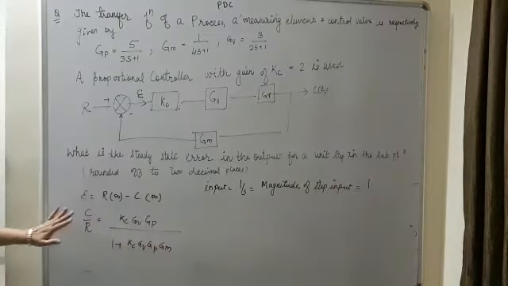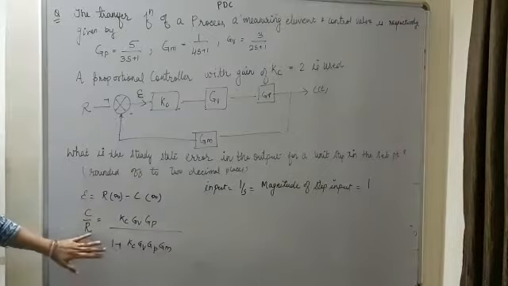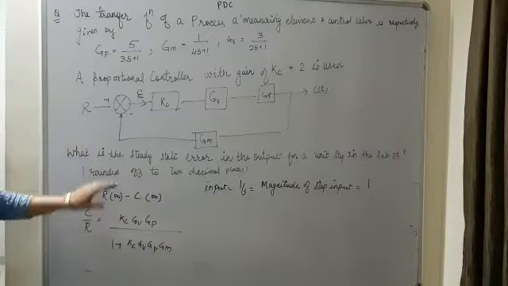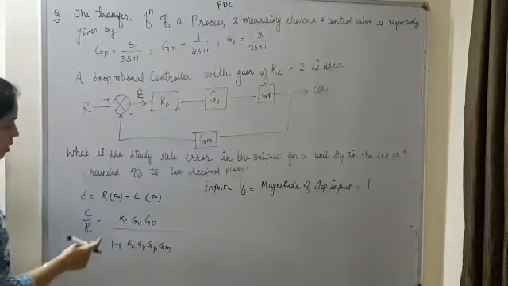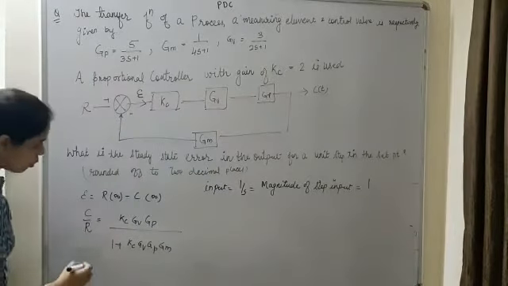Now we have the value of all the transfer functions and we know the value of gain also, which is 2. So now just substitute all the values.